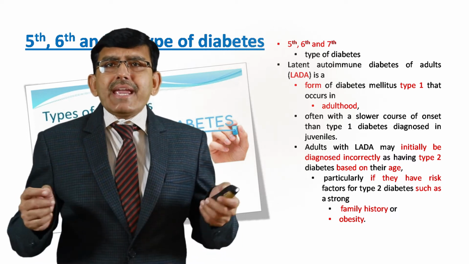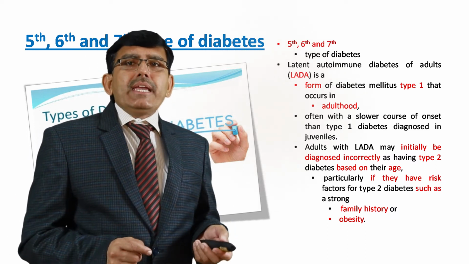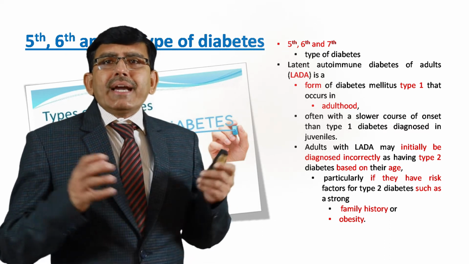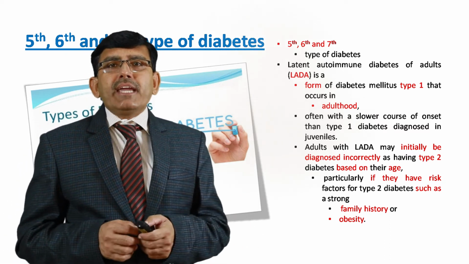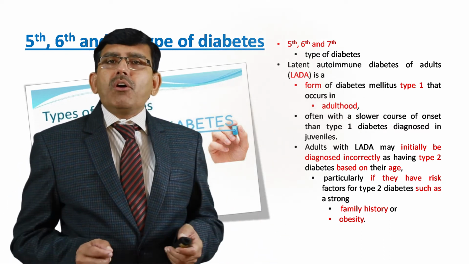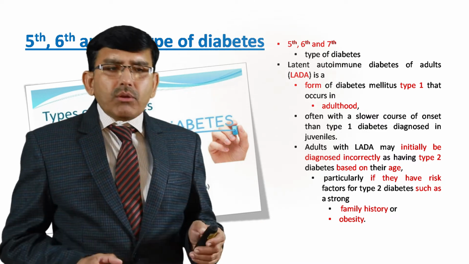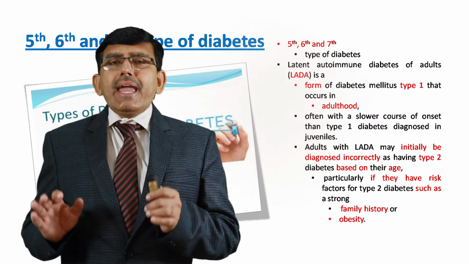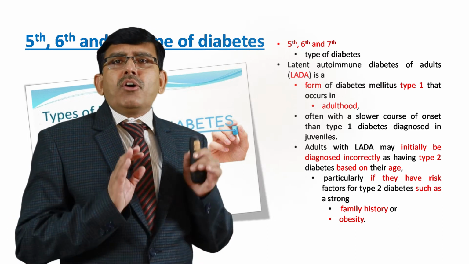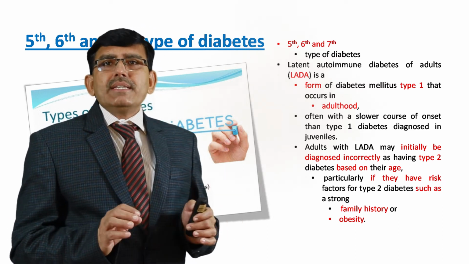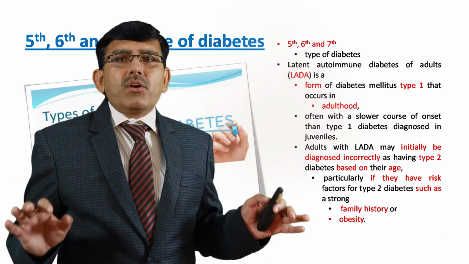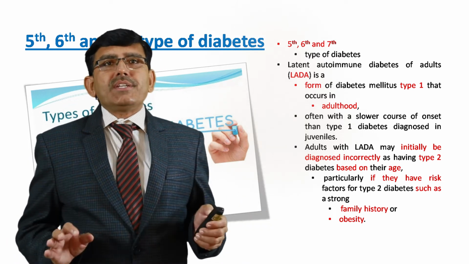Adults with LADA may initially be diagnosed incorrectly as having type 2 diabetes based on age group, particularly if they have risk factors of type 2 such as strong family history or obesity.